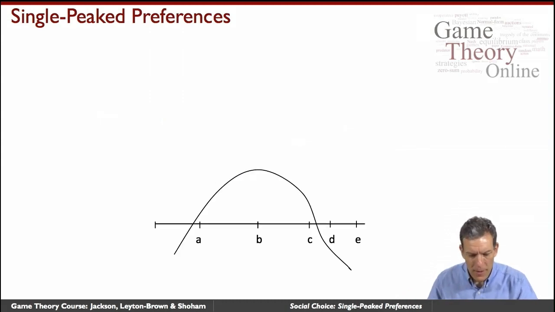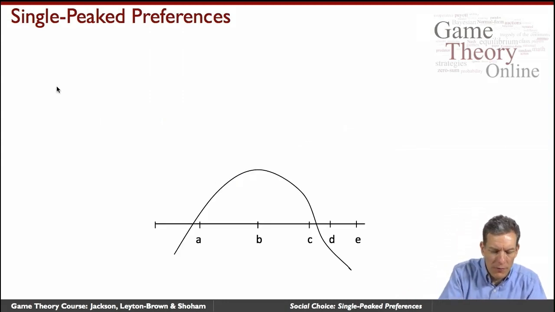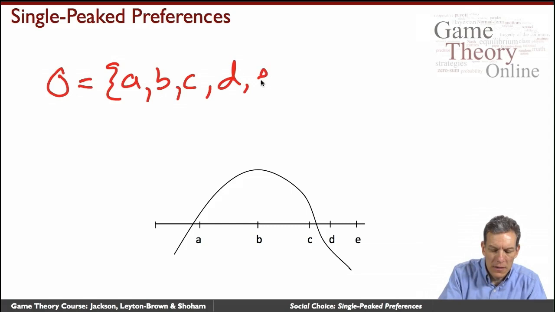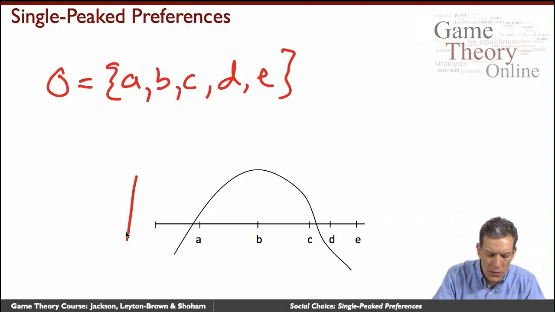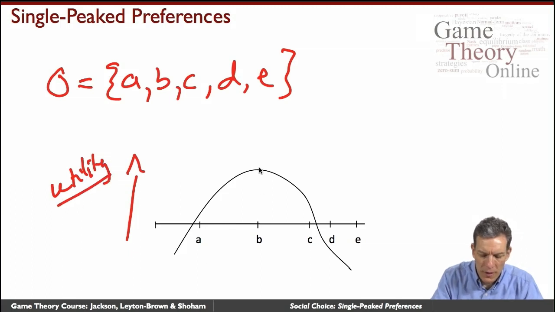So in particular, let's say our set of outcomes here is A, B, C, D, E, and we look at a person who has single-peaked preferences. We look at the utility, the payoff they get from a given alternative, and their most preferred alternative in this case is B. They get the highest.